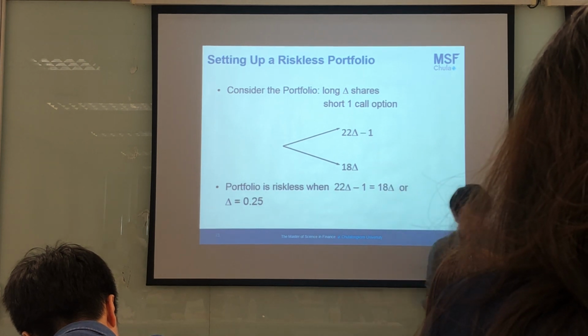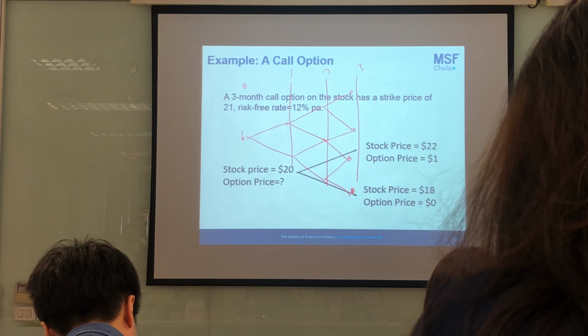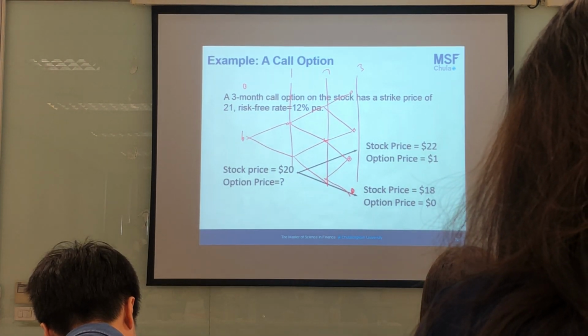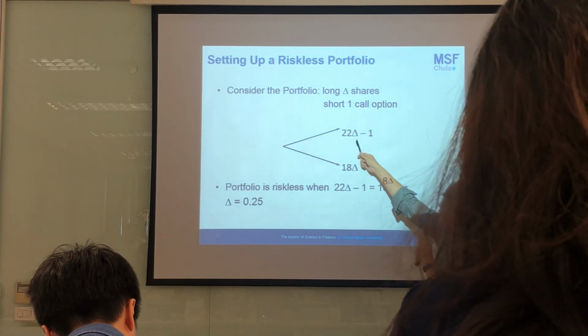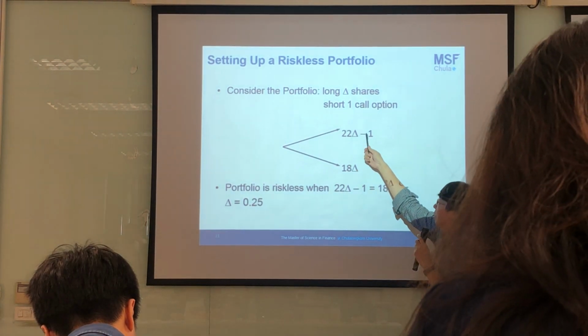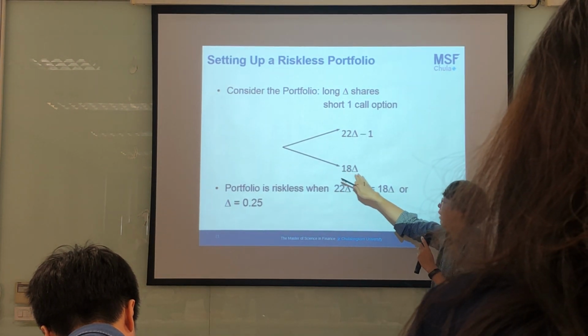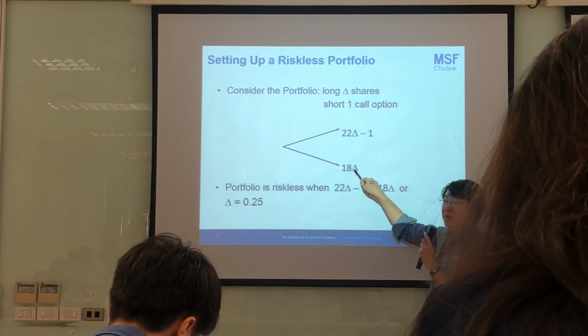Based on the previous slide, the value of the call is 1. Because you short, you have to subtract this from 22 multiplied by the number of shares, delta. When the stock price decreases to 18, the value of the call is 0, so it's just multiplied by delta here.